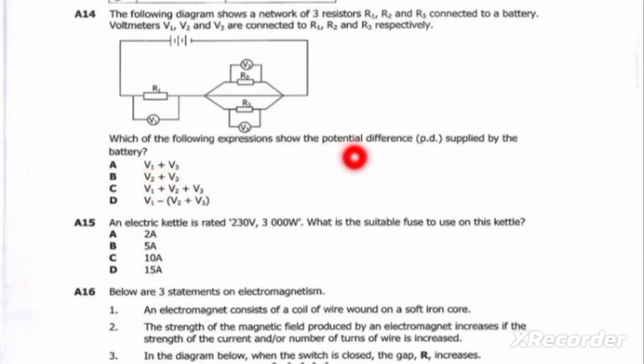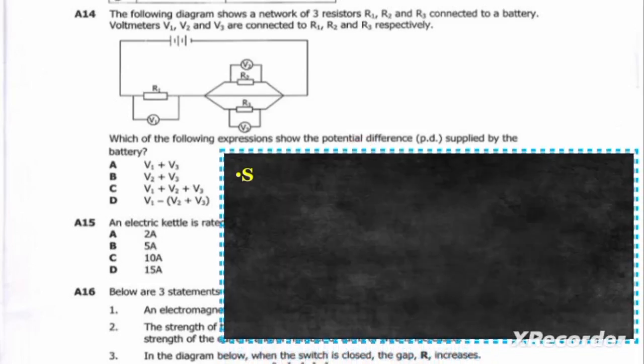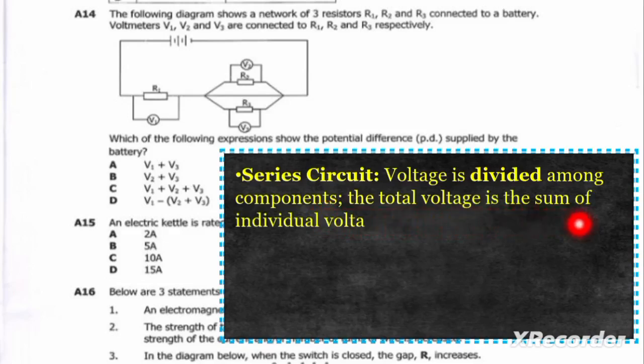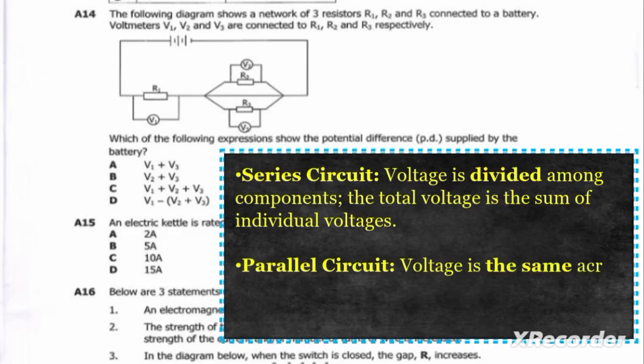Potential difference is simply voltage. Before we answer this question, we need to remember that in a series circuit, voltage is divided among the components, and the total voltage is the sum of the individual voltages. In a parallel circuit, the voltage is the same across all branches.